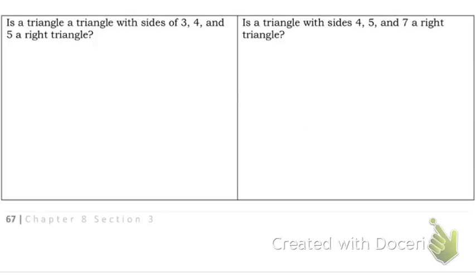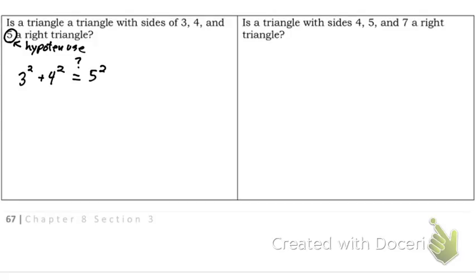So we're going to start out. Is the triangle with sides 3, 4, and 5 a right triangle? Let's stop right here and ask ourselves, which is the hypotenuse? 3, 4, or 5? Evan? 5. It's going to be 5 because it's the biggest side, right? So if it's a right triangle, then this would be my hypotenuse. So to make this a right triangle, 3 squared plus 4 squared would have to equal 5 squared.